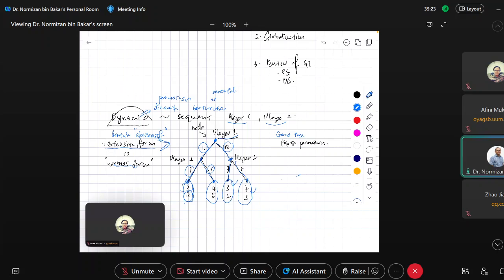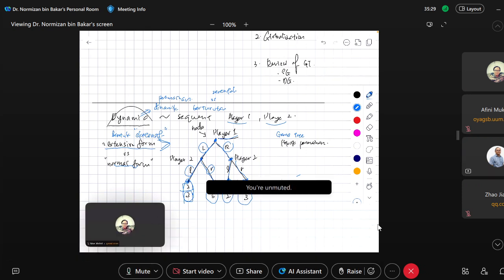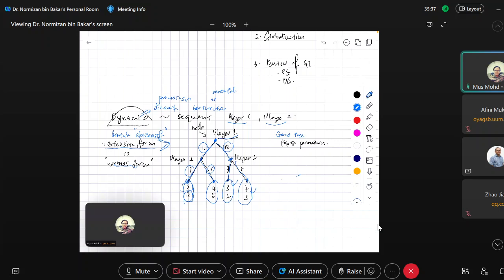Dan saya rasa kamu semua clear tentang ni. Yeah, the difference between extensive form versus normal form. Alright, so the difference is that in normal form we use the payoff matrix.